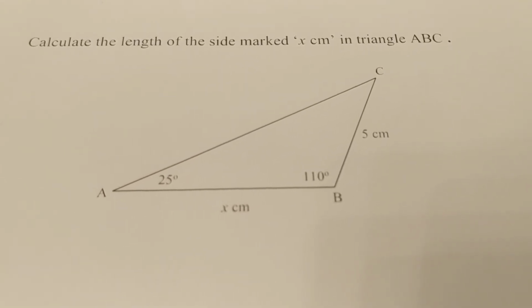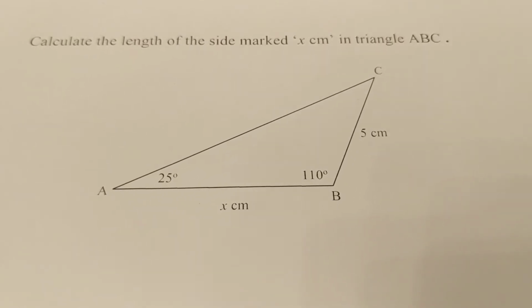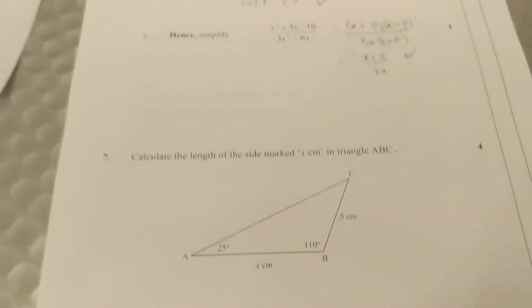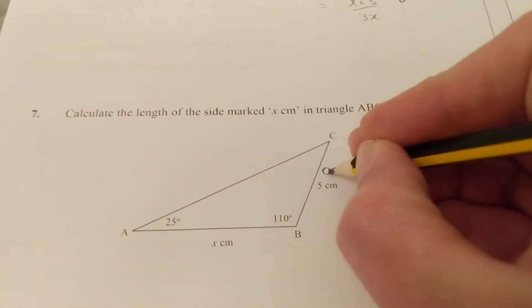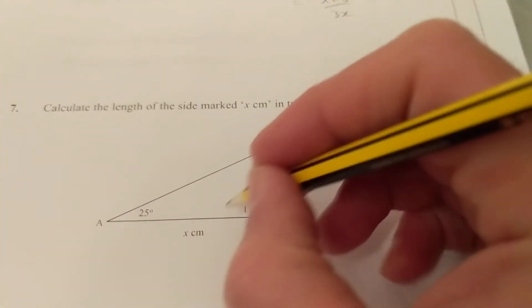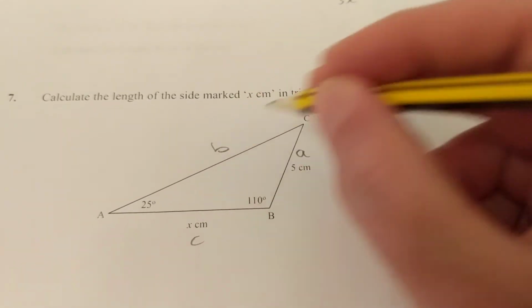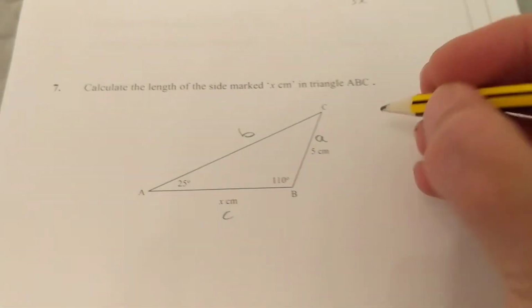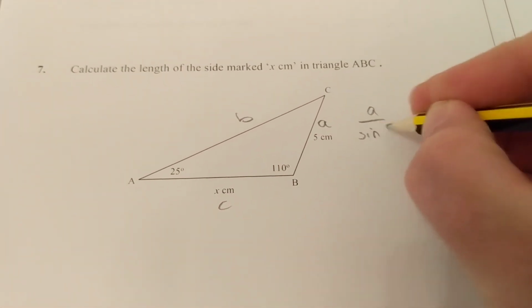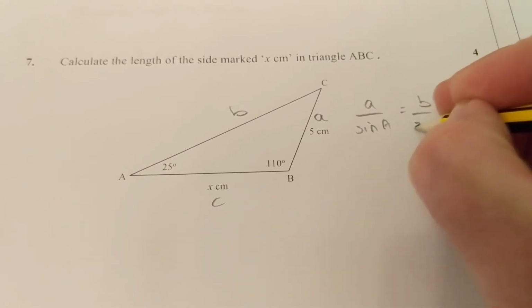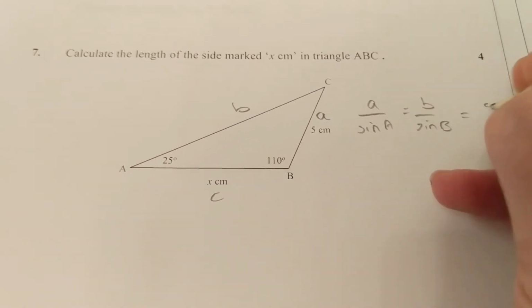If you were to try the cosine rule, things might not work out for you in terms of information you've got. But if, name your sides, big A's across there, little a, big C, big B, little b. Try out sine rule, a over sine a equals b over sine b equals c over sine c.